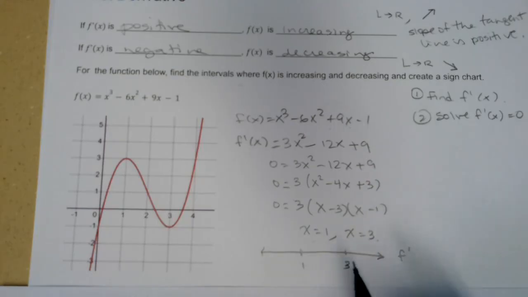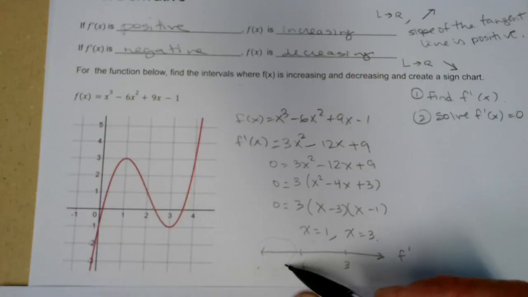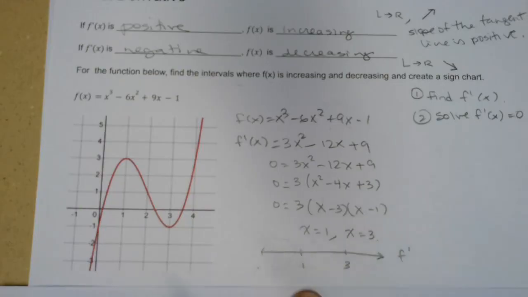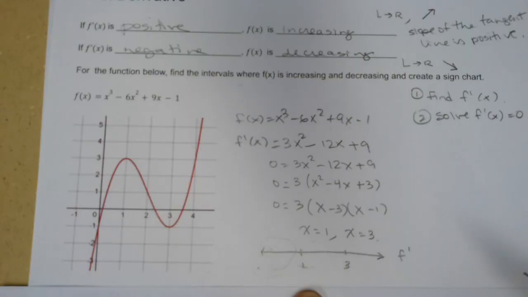So if I know what f prime of x is doing over here to the left of 1, then it's going to do that. It's going to either be increasing or decreasing for all of the x values from negative infinity up until 1. Whatever it does at one value over here, it does for all the values over there.